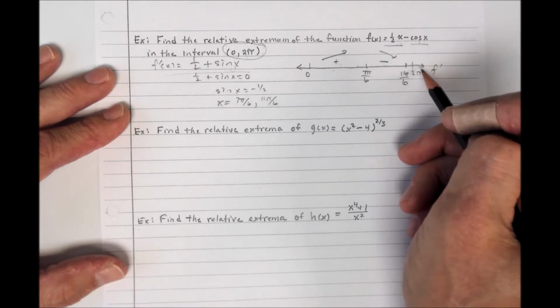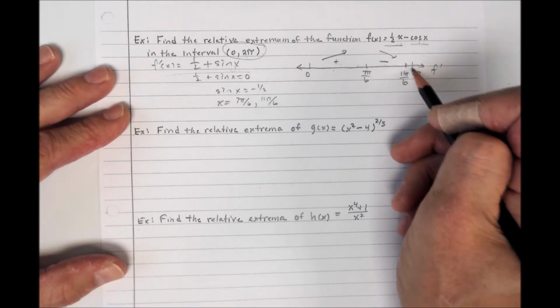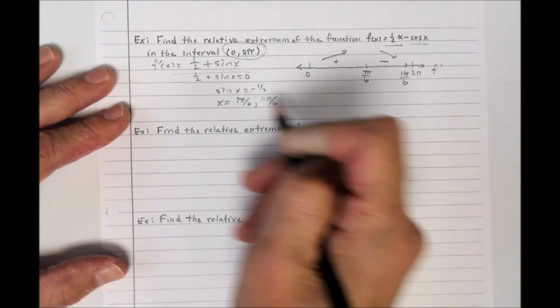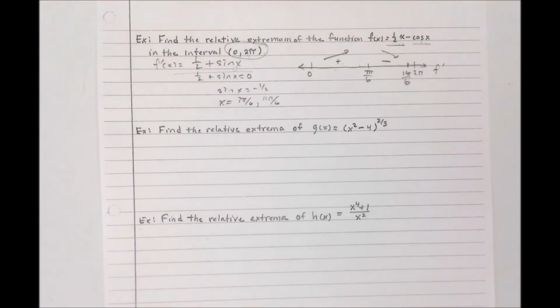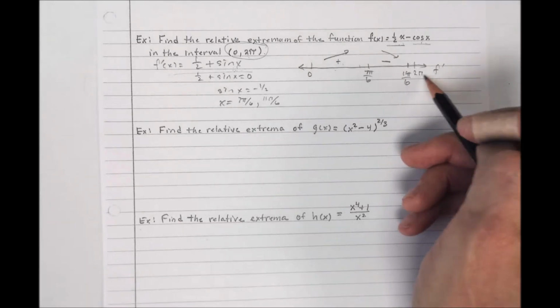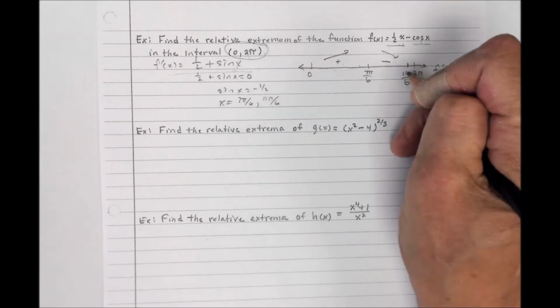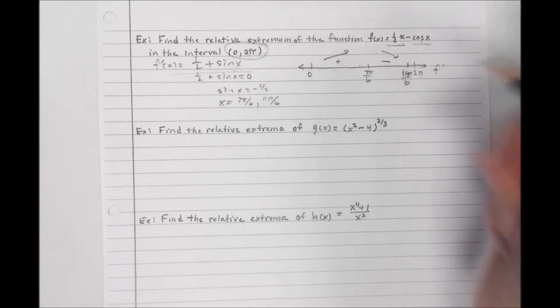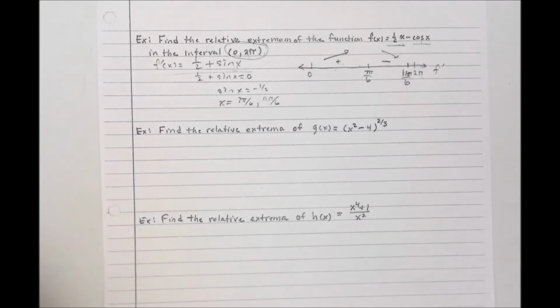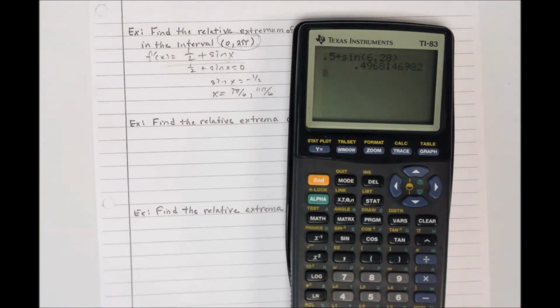I could plug in 6.28, which is a little bit smaller than 2 pi. I could plug that into here and get my calculator out. So if I was to take 1/2 plus the sine of 6.28, now 6.28 being between 11 pi over 6 and 2 pi, I would get a positive number.